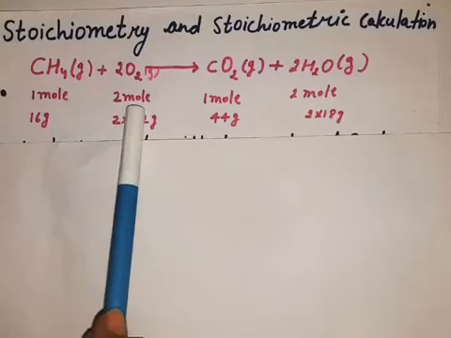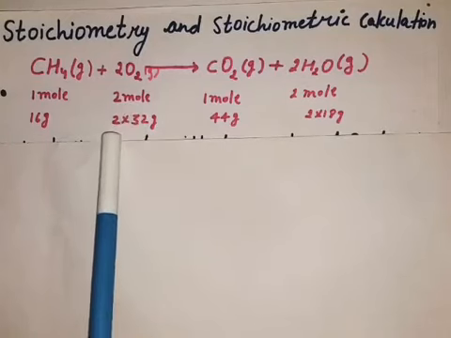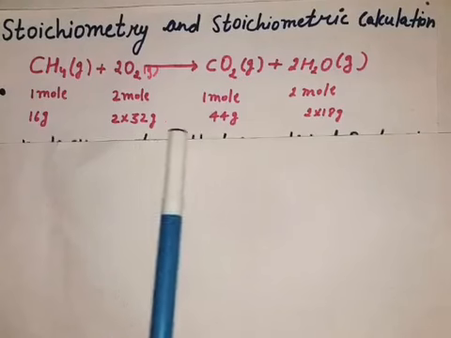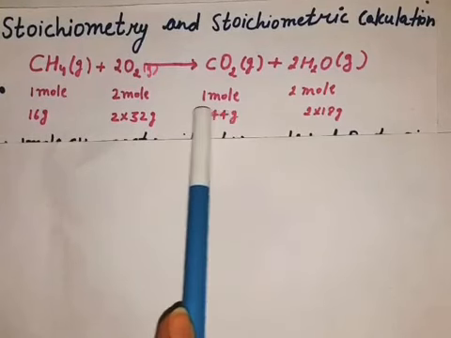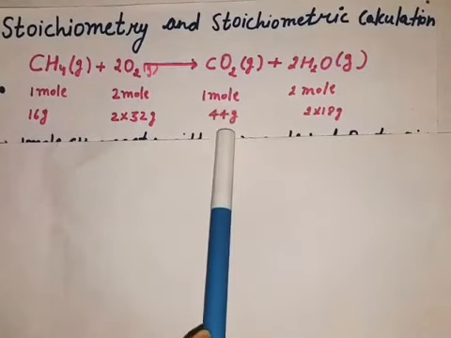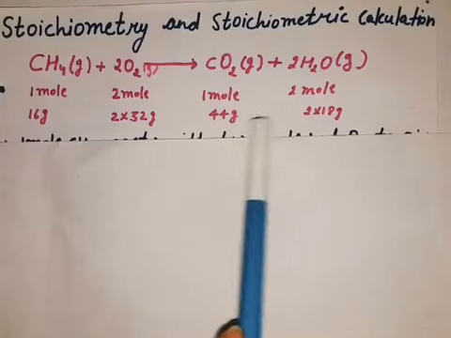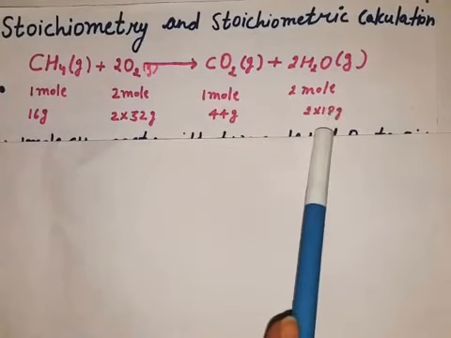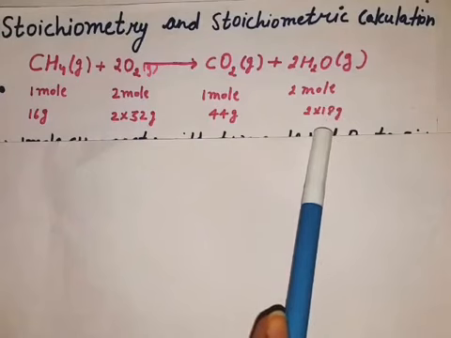So 2 moles of oxygen is equal to 64 gram of oxygen. The amount is the same, there is just a difference of unit. Here also you can write 1 mole of carbon dioxide is equal to 44 gram, and 2 moles of water is equal to 36 gram.